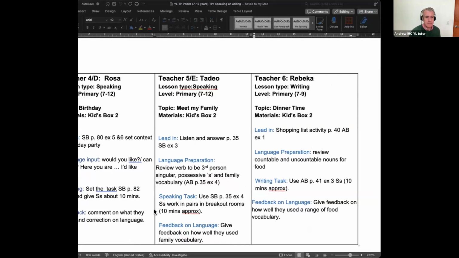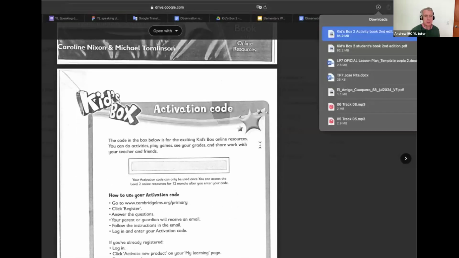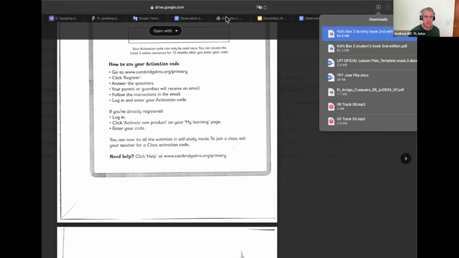Okay. Here's the activity book. And it's page 40.